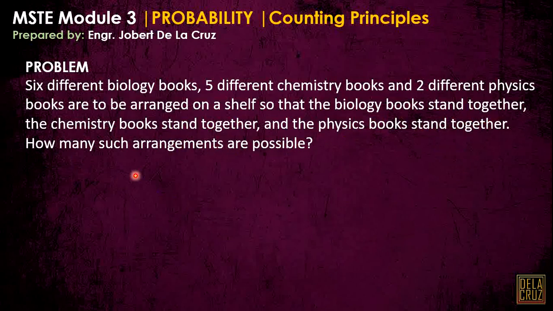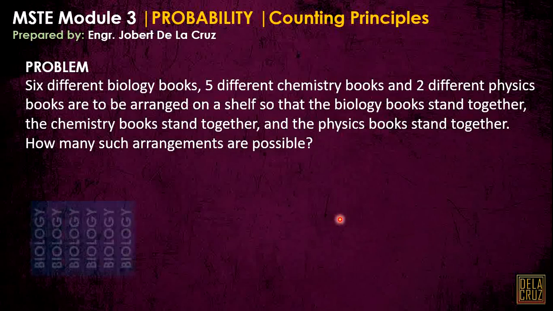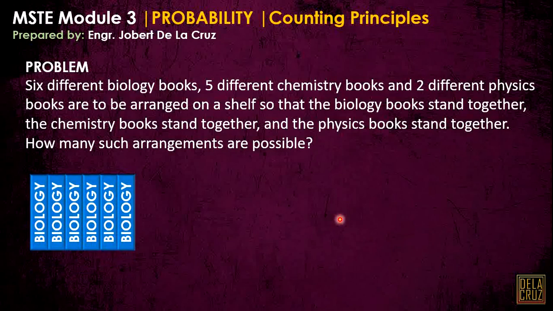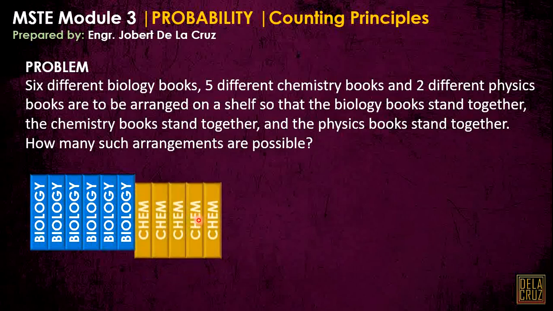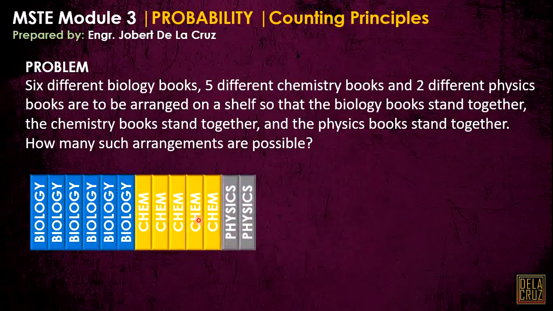How many such arrangements are possible? So, okay, how can we deal with this problem? Take note, ito daw yun. We have 6 biology books, dapat nakastand together sila, chemistry books, and physics books. Okay, 2 physics books. Dapat isa-isa talaga yung counting sa kanila, hindi sila pwedeng magkabaliktad. So, ano yung arrangement dito?